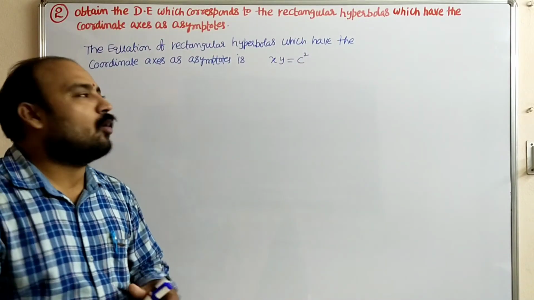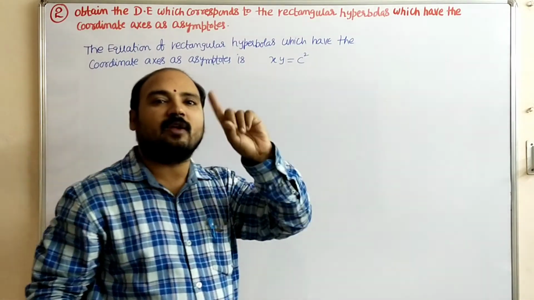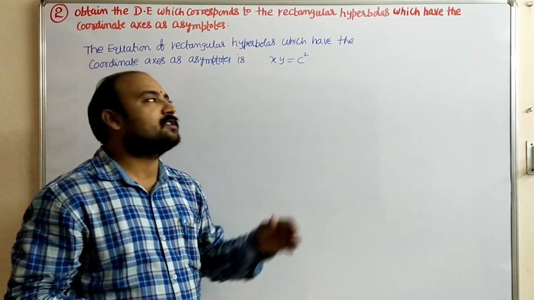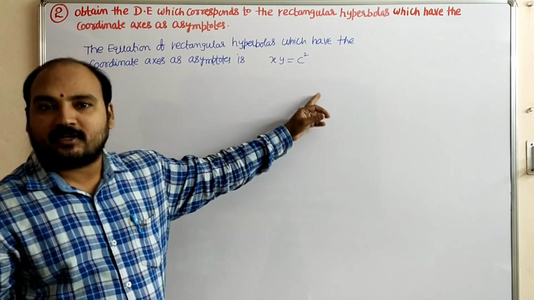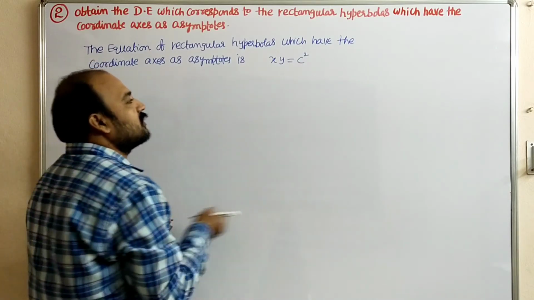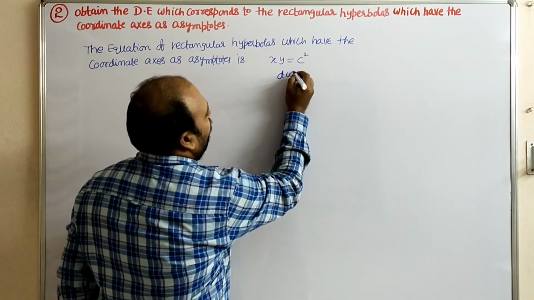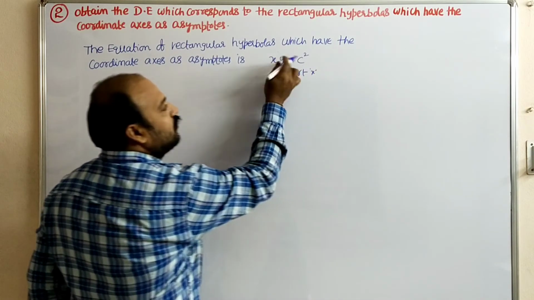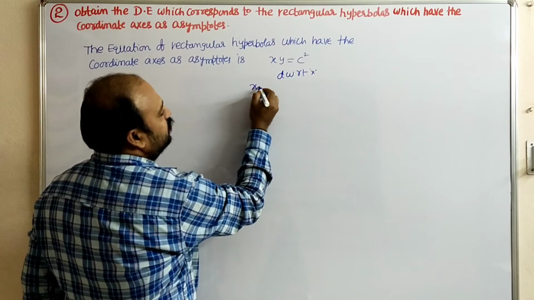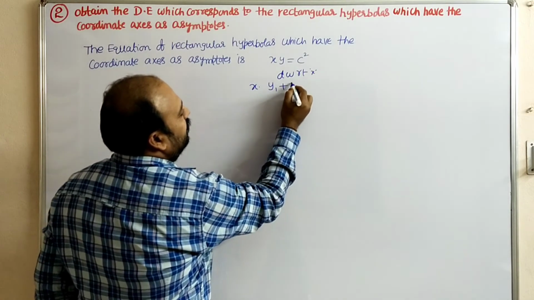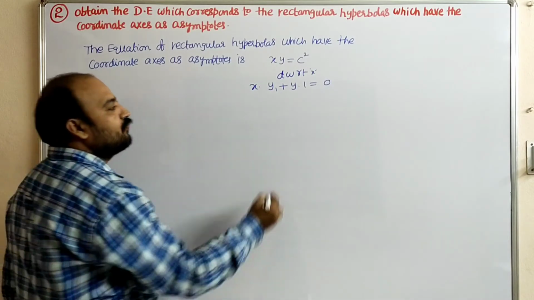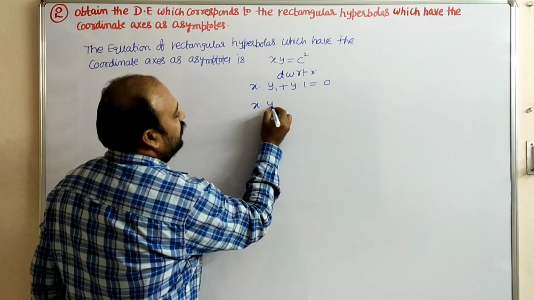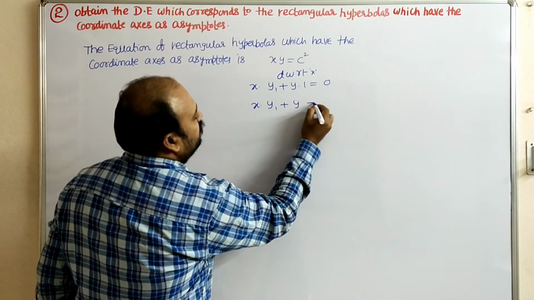Here how many constants are there? C square, only one constant is there. So one constant means you have to differentiate one time and eliminate the constant c. So differentiate with respect to x. The uv formula you can apply here. X into y derivative is y1 plus y into x derivative is 1, and the constant derivative is 0. So x into y1 plus y equal to 0.